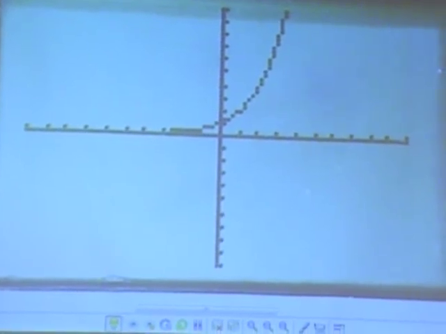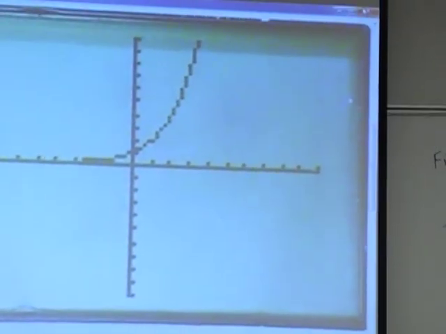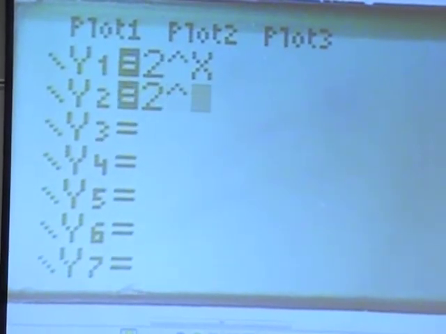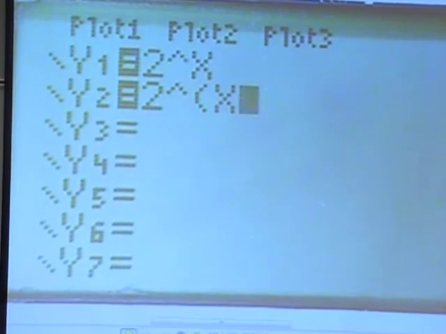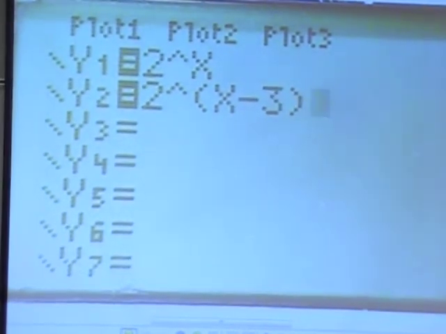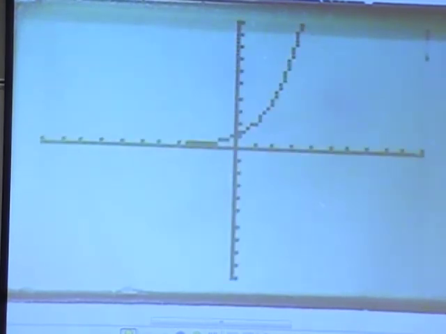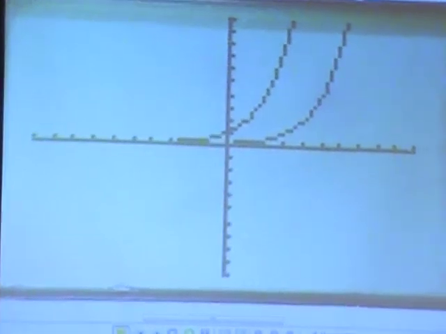Now, everybody put in 2 to the x minus 3 and tell me what happens. Don't forget, you need the grouping symbol. What happened? Yep.